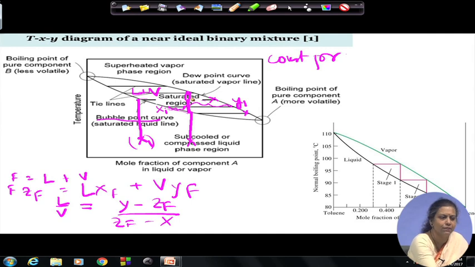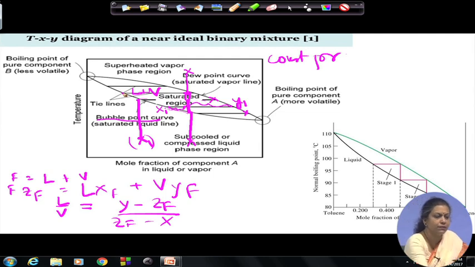And in the same way, suppose we would have started from this particular point, and if I would have condensed the vapor, what would I have got? I would have found that if I keep on decreasing the temperature of the vapor under isobaric conditions, the moment the vapor touches the saturated vapor curve, the first dew appears, and the composition of the dew is given by the tie line drawn from this point to this point.